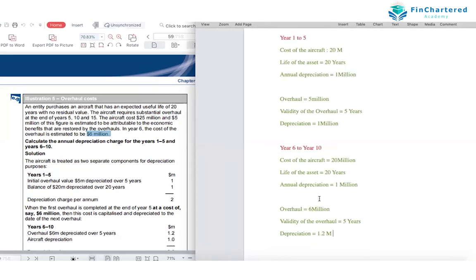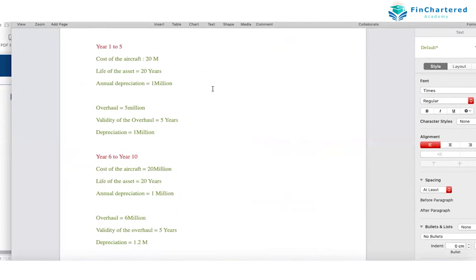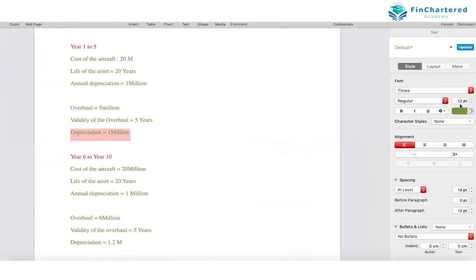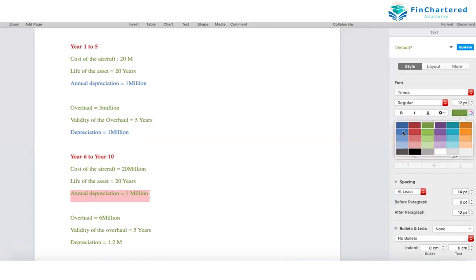And therefore, that is illustration 5 for us. In case of year 1 to 5, the depreciation totally is 1 million for the overhaul and 1 million for the aircraft. So 1 plus 1, 2 million. But for year 6 to year 10, how much was the depreciation charge? 1 million for the aircraft and 1.2 million for the overhaul.